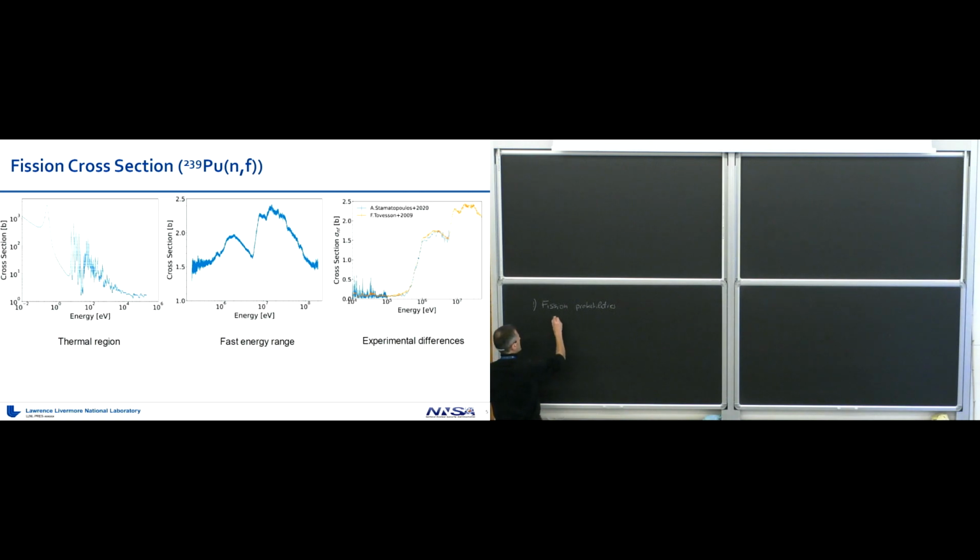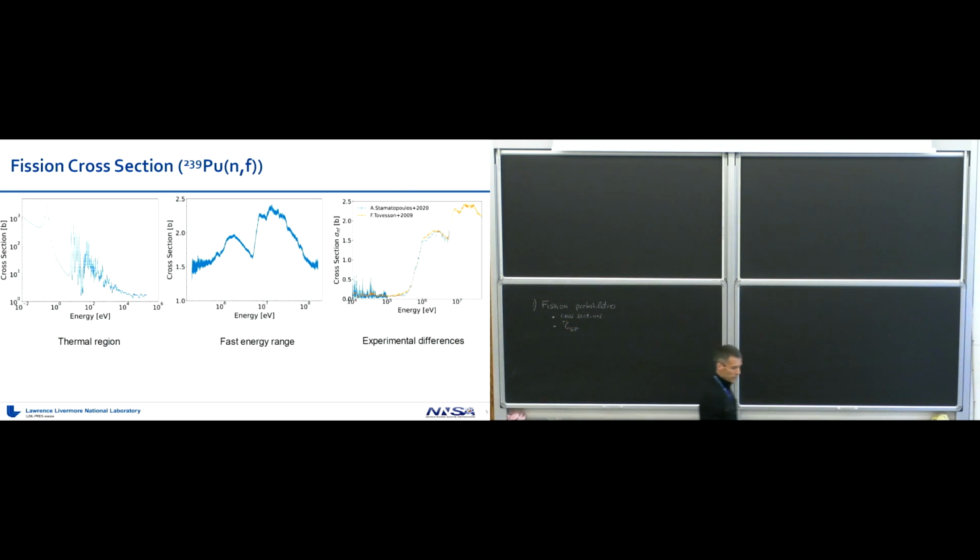Fission probability, in fact, is in two categories. There is the cross-section, which is what is shown on the screens here and corresponds to induced fission, typically neutron-induced fission. But there is also the spontaneous fission half-life. This is also a probability.